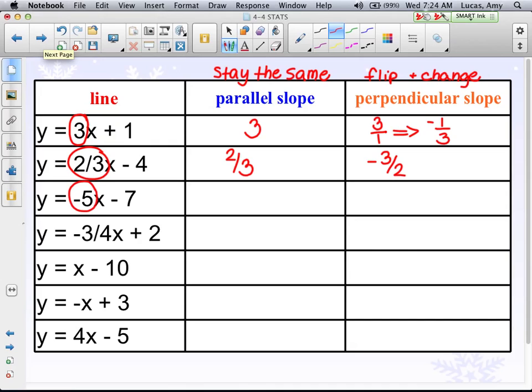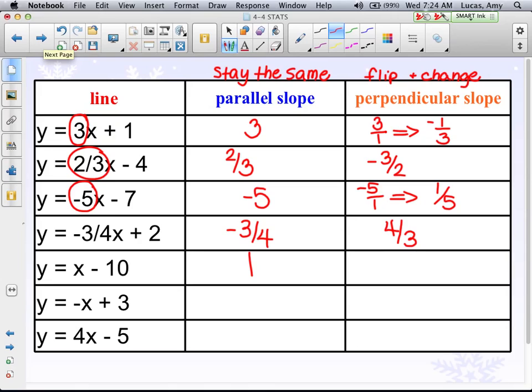The third one is -5. Parallel stays the same, perpendicular, I put a 1 under it, flip it, and change it to a positive. -3/4 would turn into +4/3.